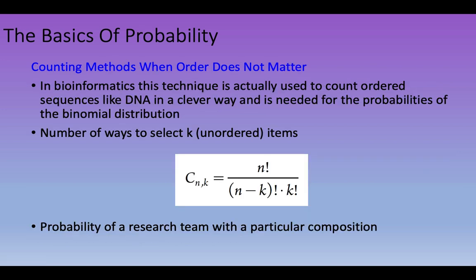So in addition to ordered counting, there are also places where we can use counting methods where the order doesn't matter. And you might ask, well, why is that important?